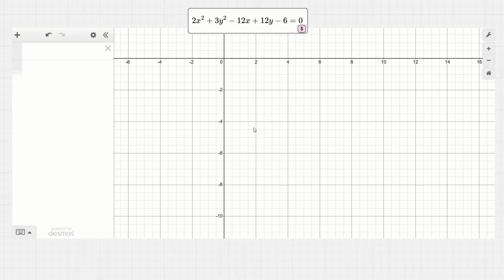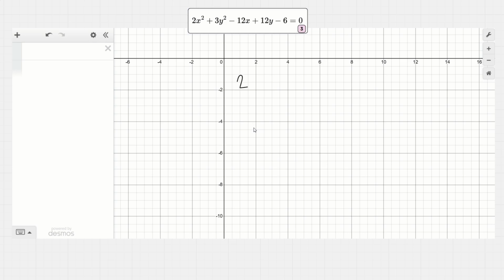Now for our last given, we have 2x squared plus 3y squared minus 12x plus 12y minus 6 equals 0. So our goal is to convert this general form to standard form. How are we going to do that? First, let's group all x terms and all y terms.